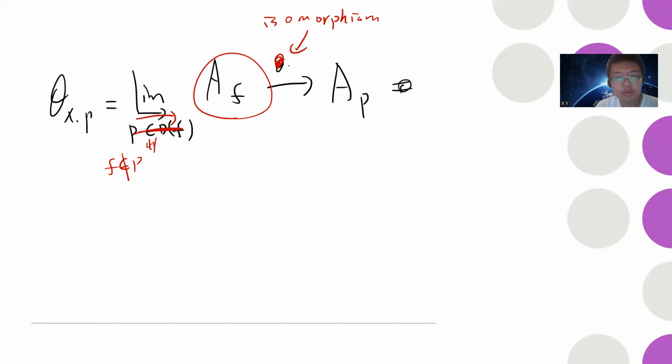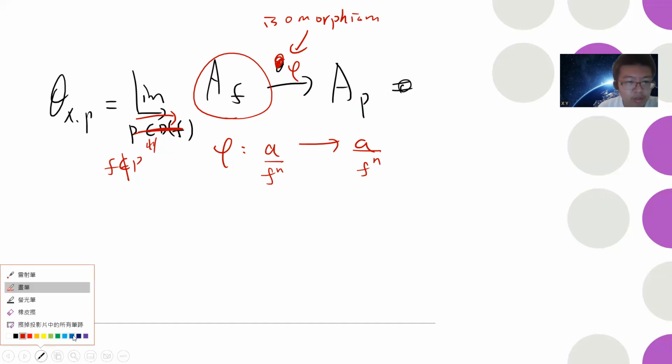This ring homomorphism phi is defined as follows: if somebody gives you any element in A_f, you just directly map it to A_P, because f does not belong to P. So if I write it as a divided by f^n, then it maps into A_P using the same thing, a divided by f^n, because f does not belong to P. So a divided by f^n will be in A_P. Then you can check this is well defined.